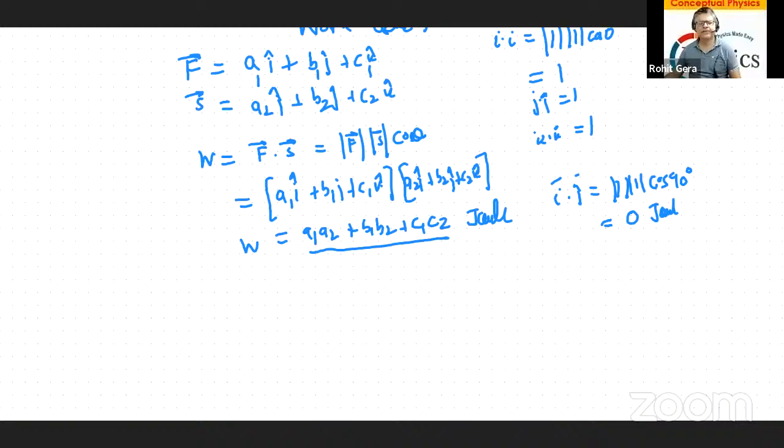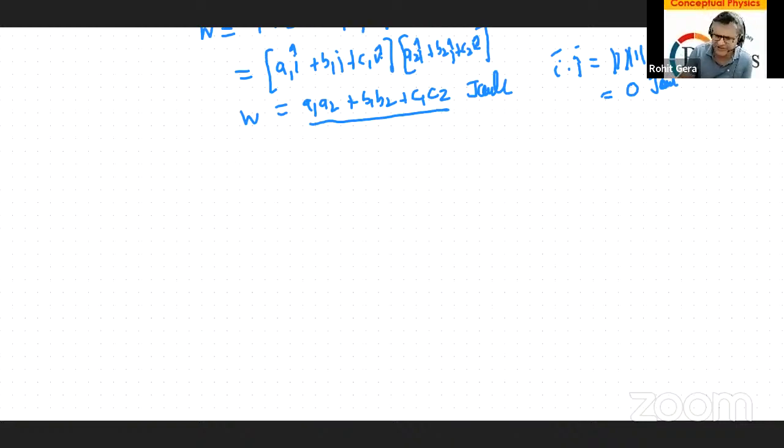All right. So there is a man who climbs a staircase. This is given to be 1 and this is 2 meters.